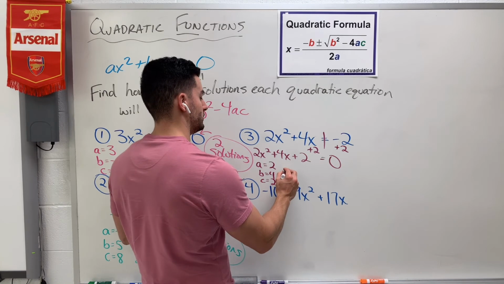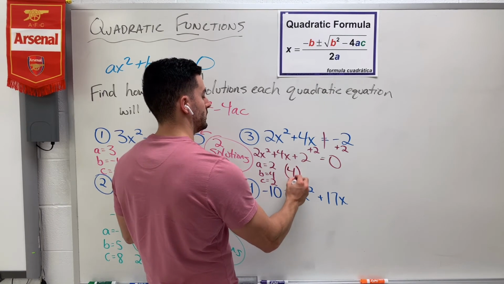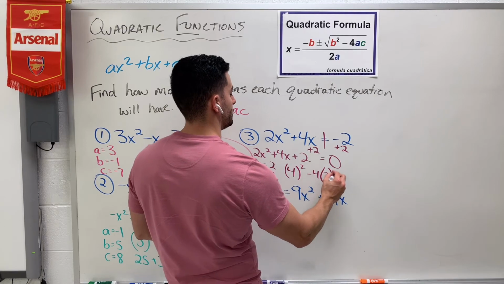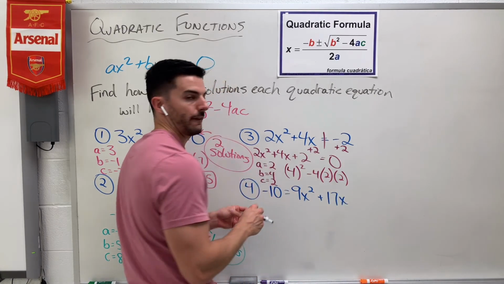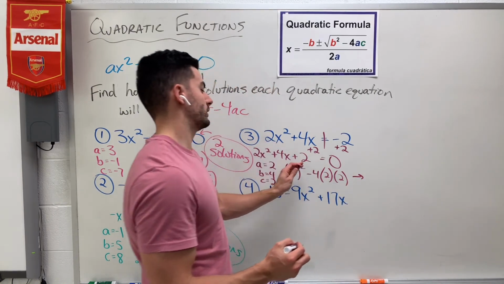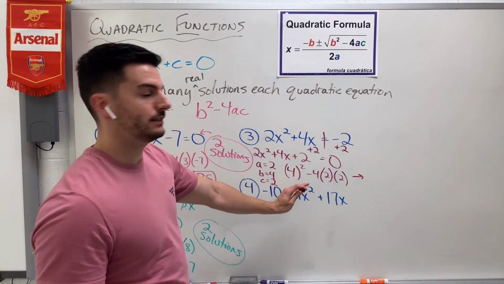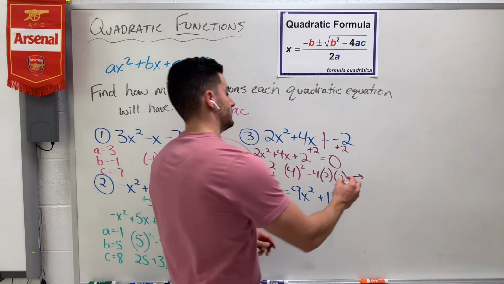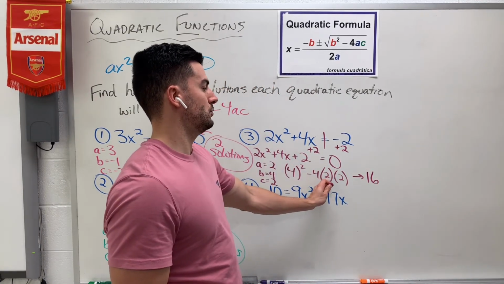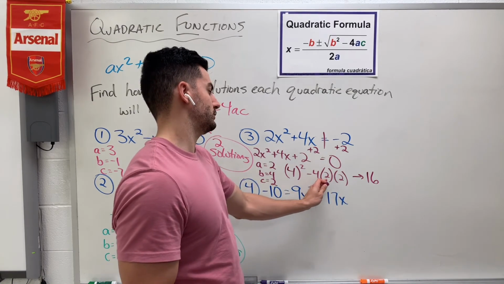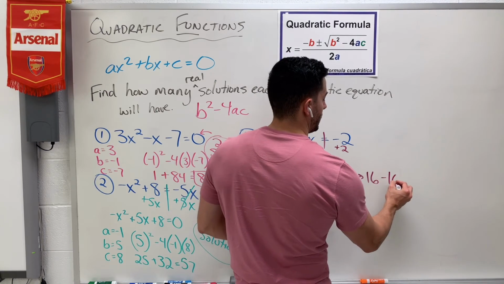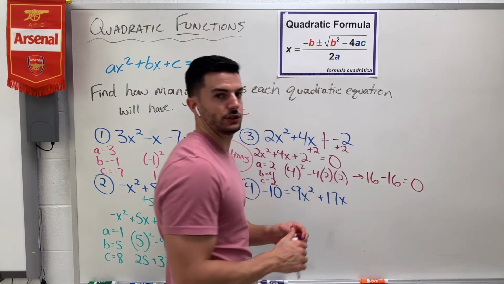Substitute all those in, so I would get 4 squared minus 4 times 2 times 2, okay? And so then I evaluate 4 squared would be 16, and then 4 times 2 times 2, well, 4 times 2 is 8, 8 times 2 is 16, so it'd be 16 minus 16, which is 0, okay?